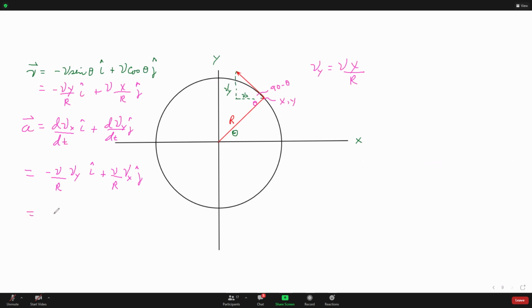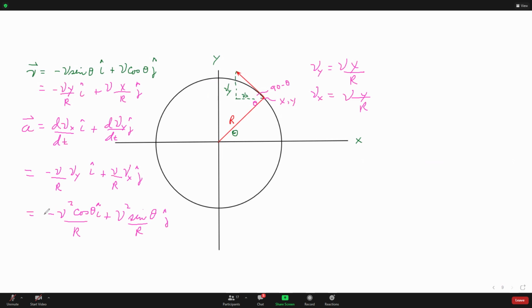So this becomes minus v squared cosine theta over r plus v squared sine theta over r. And this is in the i direction, and this is in the j direction, because Vx is equal to Vy over r, or V sine theta.